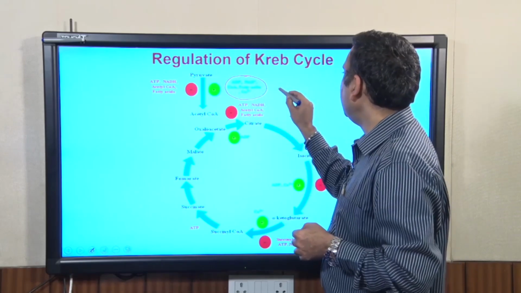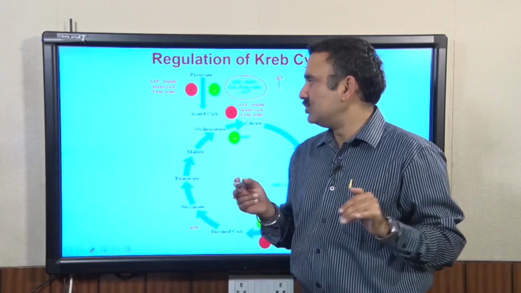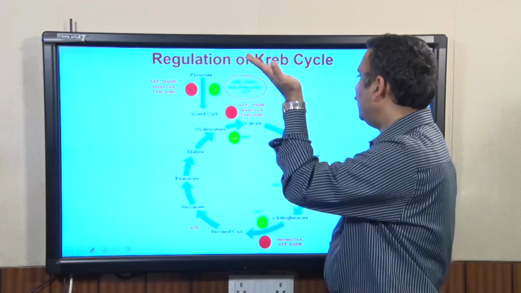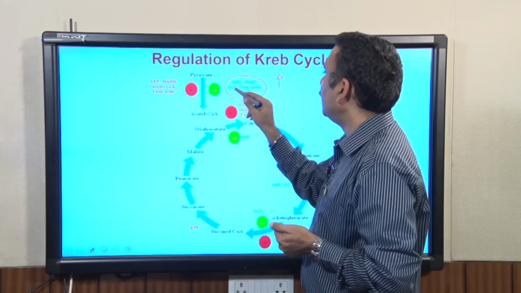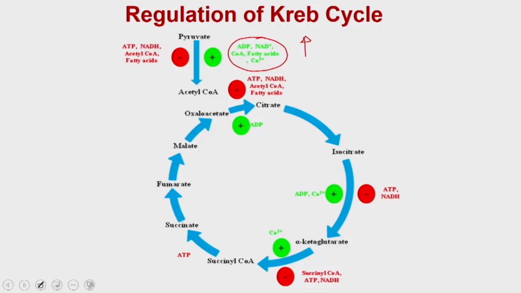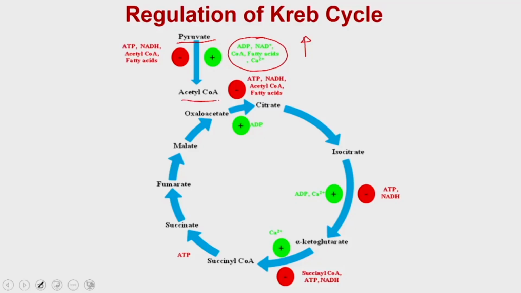If there is an increase in the level of NAD plus or ADP, it means the cell has less energy, so you need to run the Krebs cycle to produce energy. That is why these factors enhance the activity of the enzyme which catalyzes the conversion of pyruvate to acetyl CoA.